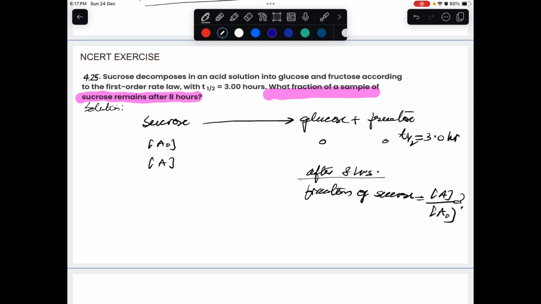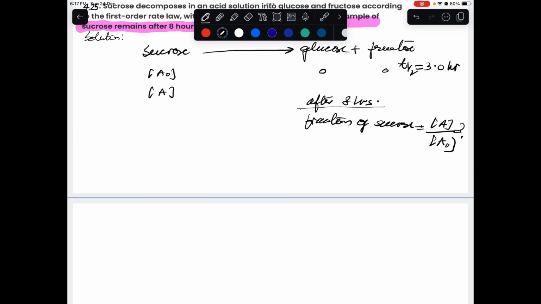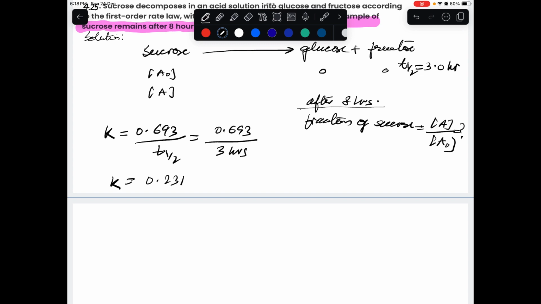Okay, for calculating this, the very first thing that we should know is the rate constant. So rate constant for a first order reaction will be calculated as 0.693 divided by T half. So this will be equal to 0.693 divided by T half, which is given as 3 hours. Therefore the value of K will be 0.231 per hour.